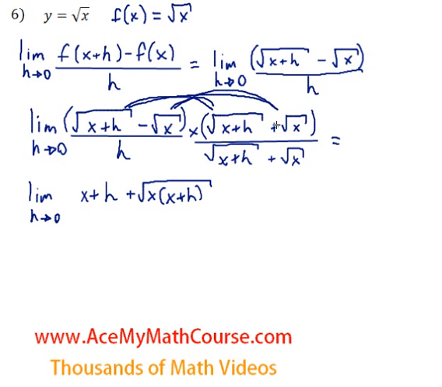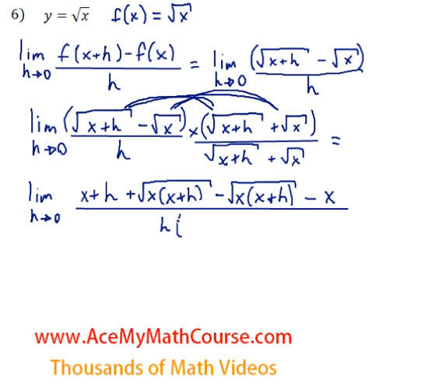Minus root x times the square root of x plus h, minus square root of x times x plus h. And finally, we have minus square root of x times the root of x. This times that is just going to be minus x, all over h times the square root of x plus h plus the square root of x.